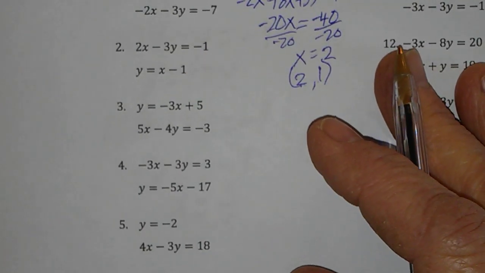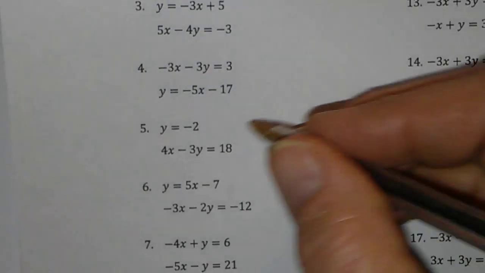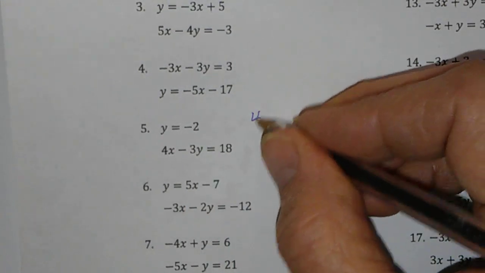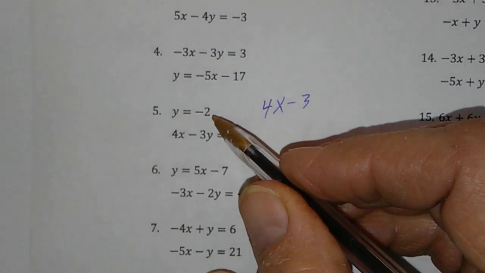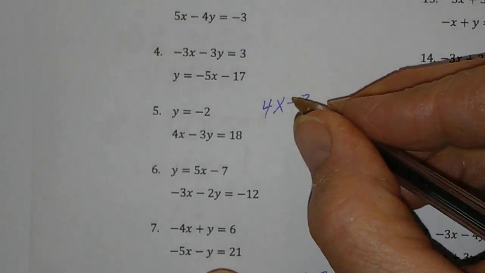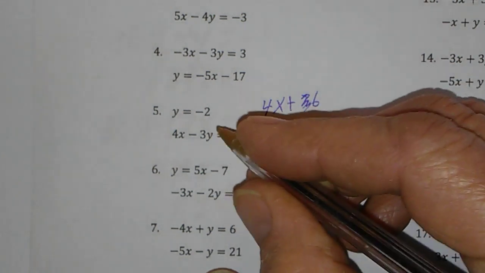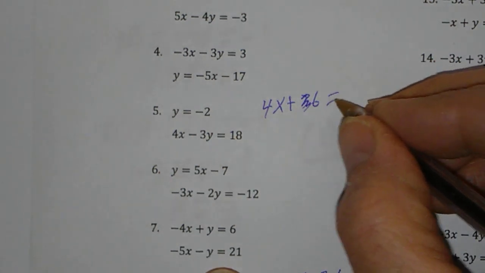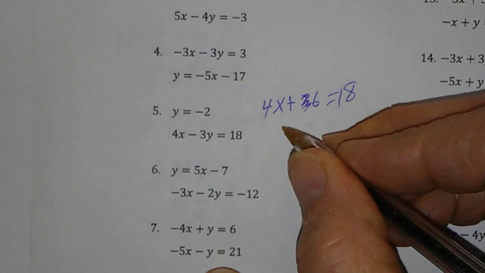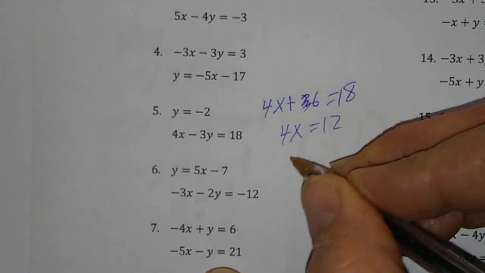Okay, let's do this one that looks kind of simple. Negative 2. Okay, so 4x minus 3 times what? Negative 2. It becomes plus 6 because I got negative 2 times negative 3. It's plus 6 equals 18. For x, I subtract 6 from both sides, equals 12.